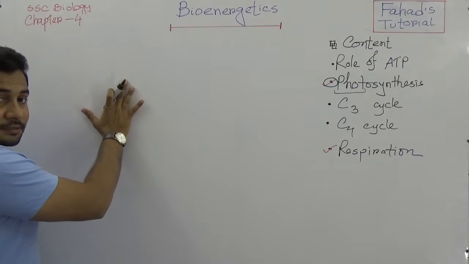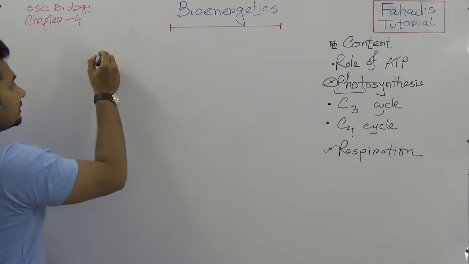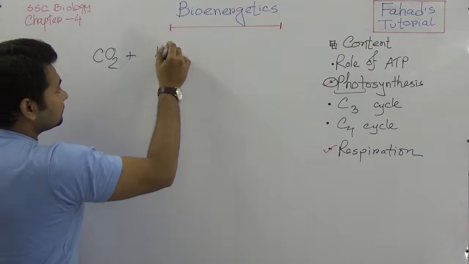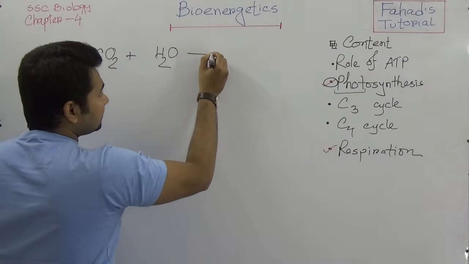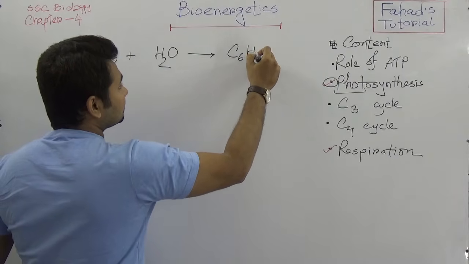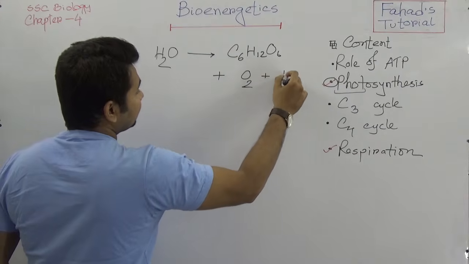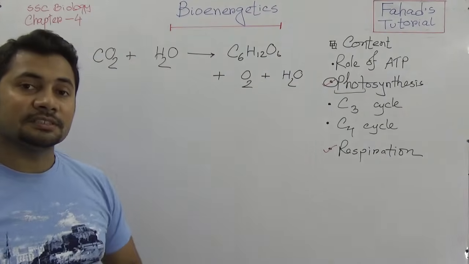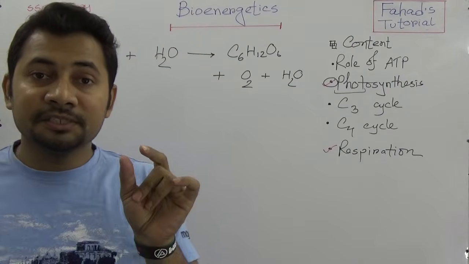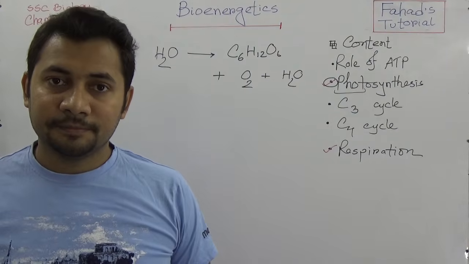So in photosynthesis, leaves and plants use carbon dioxide and water from the land, and produce a very important thing, glucose, and also oxygen, and then again water through the process of transpiration.